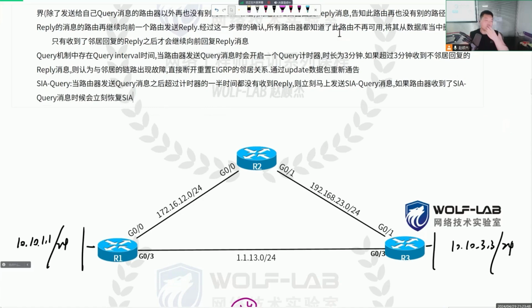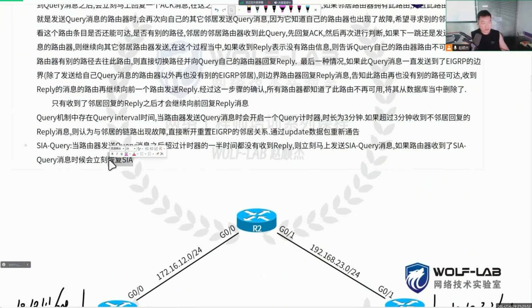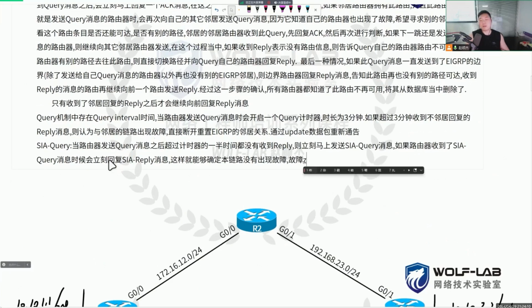What can this do? It can confirm our link has not failed; the failure is somewhere else. EIGRP is relatively stable. What is it thinking itself? One, we send a query message. What if we don't receive a reply? More than a minute and a half has passed and still no reply. We suspect that the link may have failed.